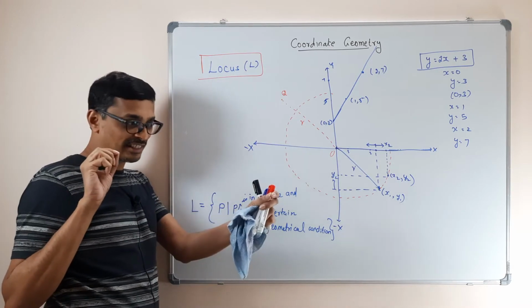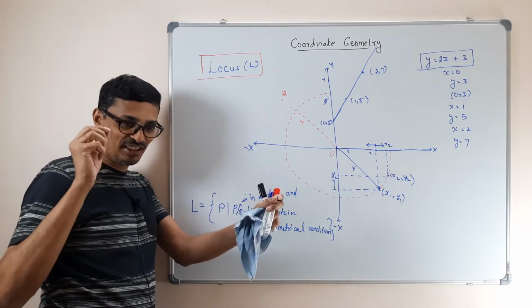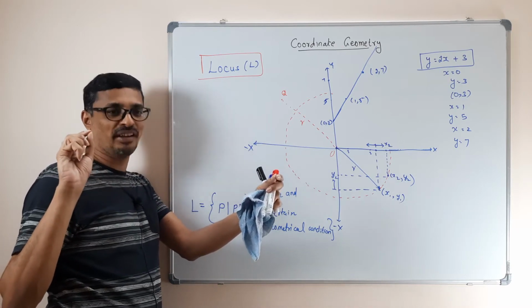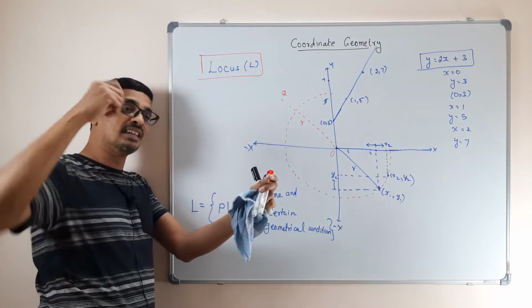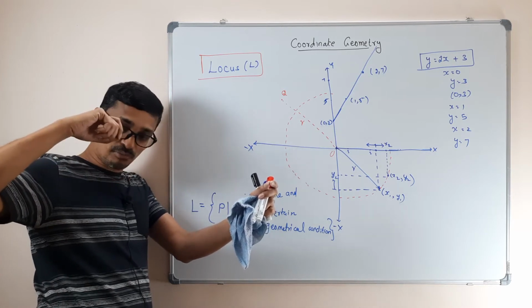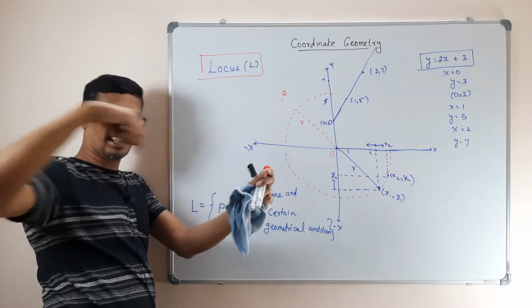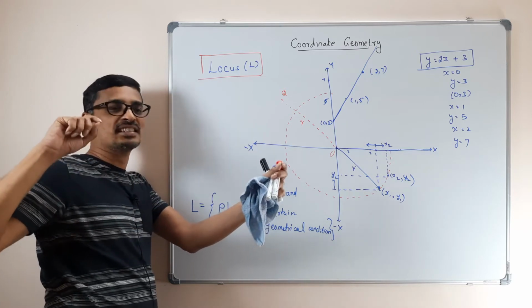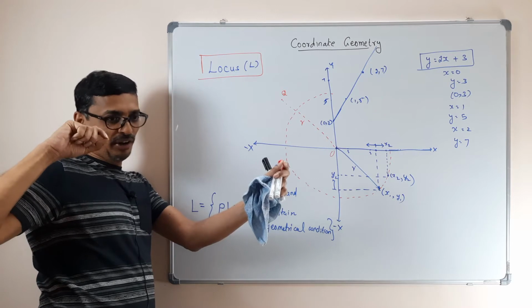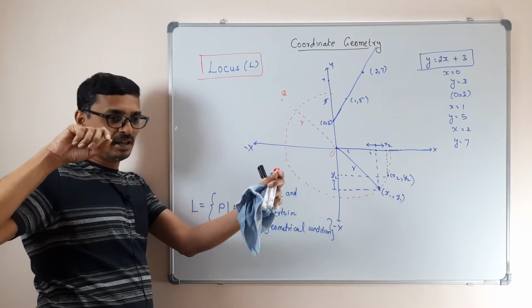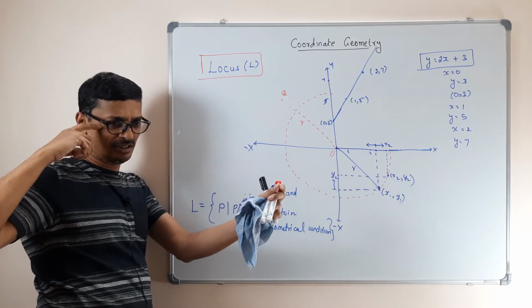Now, when I say earth and sun, the earth has a size. Earth is not a point. But you can assume the earth as a point because its size is very, very small compared to the distance between the sun and the earth. So you can always consider it as a point. Otherwise, what they call center of mass. You have learned center of mass in physics?